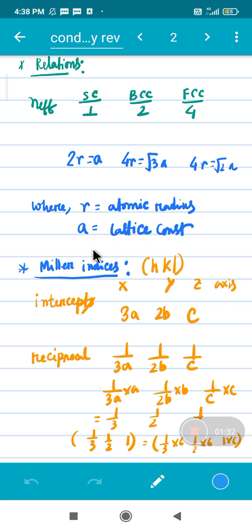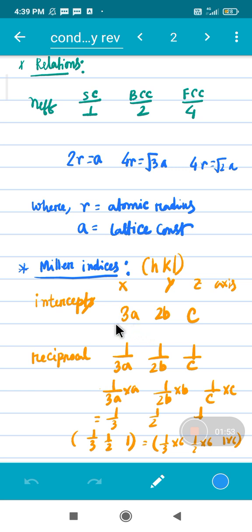Okay, next we have to know what are Miller indices. Suppose I have given, for a plane, the intercepts along the three axes x, y and z, and I have taken an example here. So here it is 3a, 2b and c. These are the intercepts along those axes.